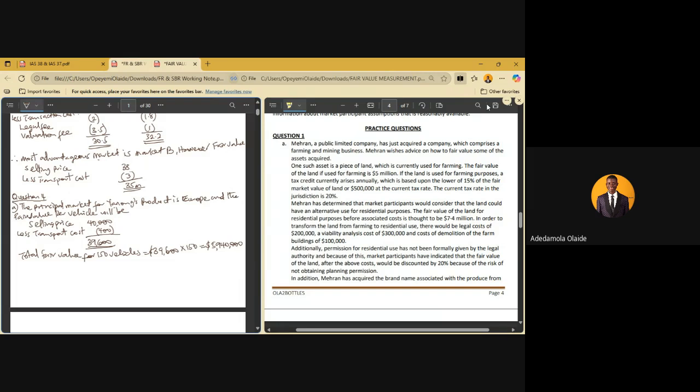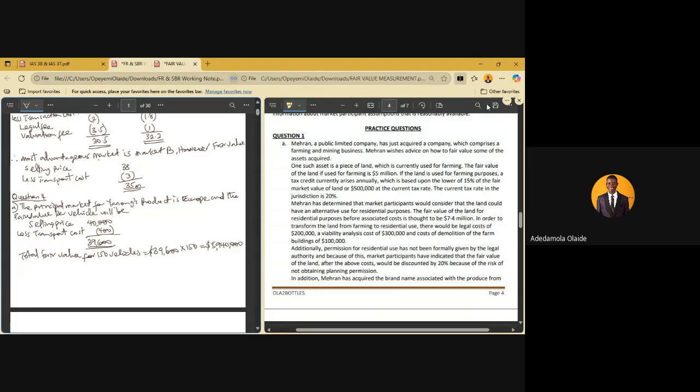The fair value of the land for residential purposes before associated cost is 7.4 million. In order to transform the land from farming to residential use, there will be legal cost of 200,000, a viability analysis cost of 300,000, and cost of demolition of the farm of 100,000.